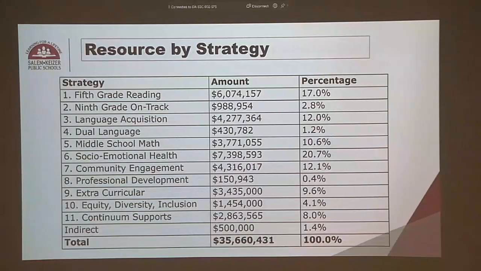This is just a snapshot to give you a holistic view of the overall resources by strategy. It breaks it down from strategy 1 to 11 and shows you the percentage devoted to each strategy. So if you look at number 6, it says socio-emotional health, and that accounts for 20% of our overall expenditures.